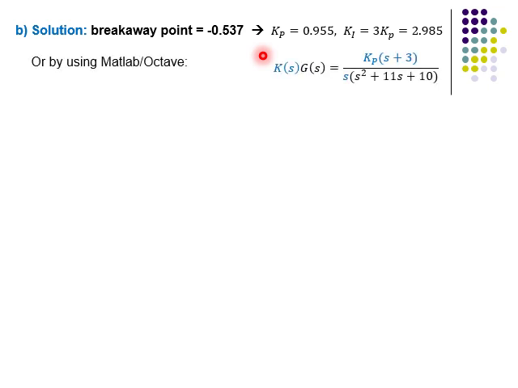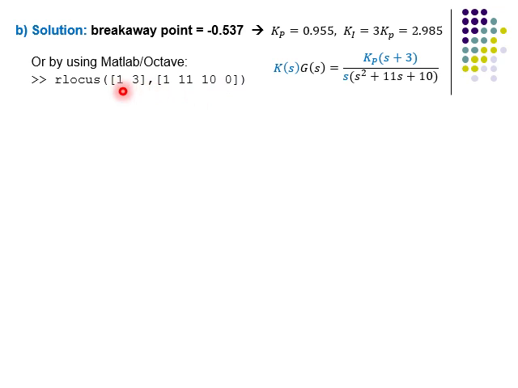We can also solve the problem and plot the root locus using MATLAB or Octave. To plot a root locus in MATLAB or Octave, we use the command rlocus, and the arguments we have to provide are the values of the coefficients for the numerator and denominator of the transfer function of the open loop system.